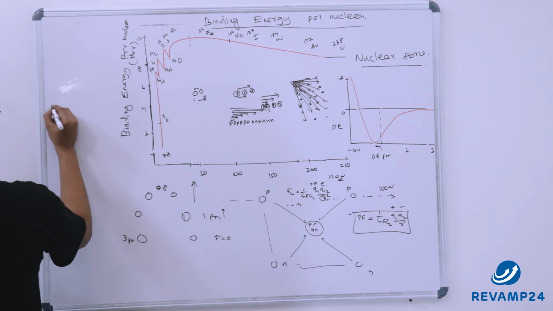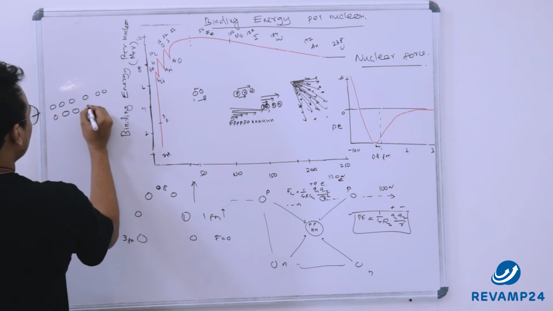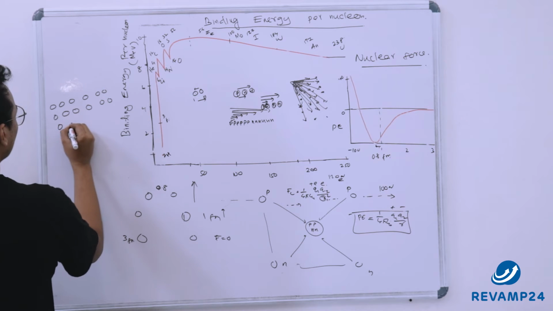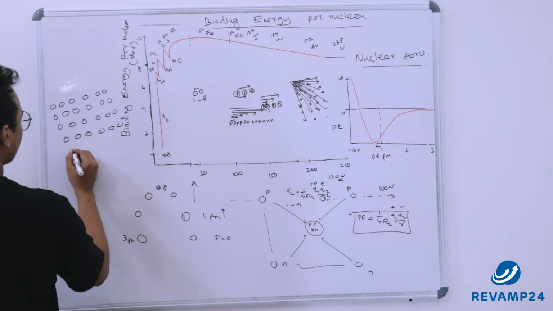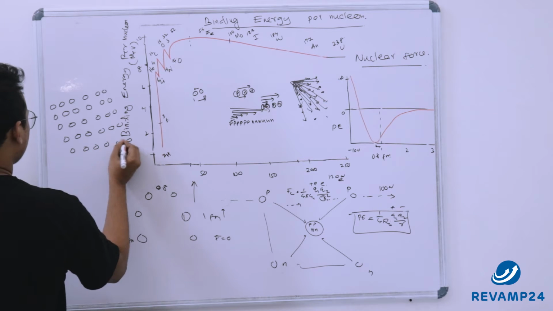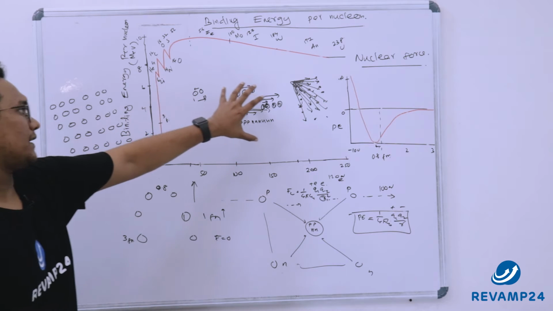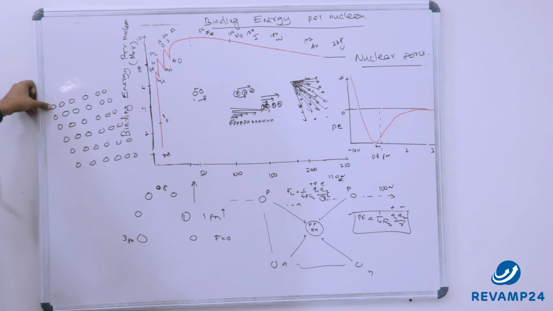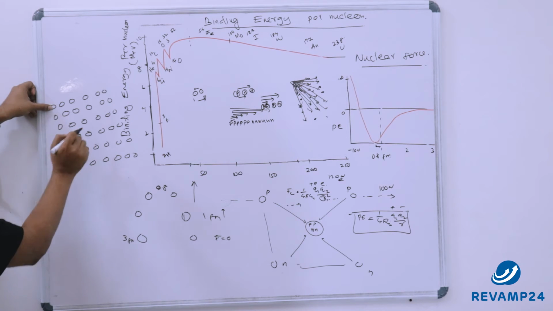Now I will take an example of an atom with, say, 36 nucleons. As per this explanation, this would be exerted by an attractive force by all other nucleons.